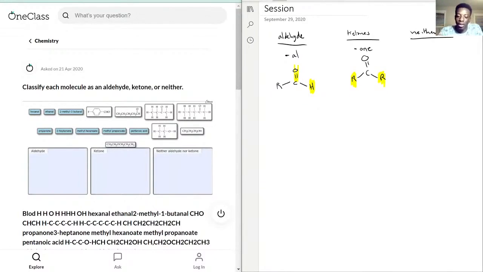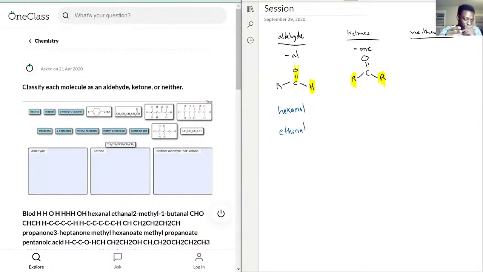So let's start with the first one, hexanal. Right away, you see the name ends with AL, so hexanal is an aldehyde. Okay. Ethanal, same thing, AL, aldehyde. So very handy to just write down what you know about it.